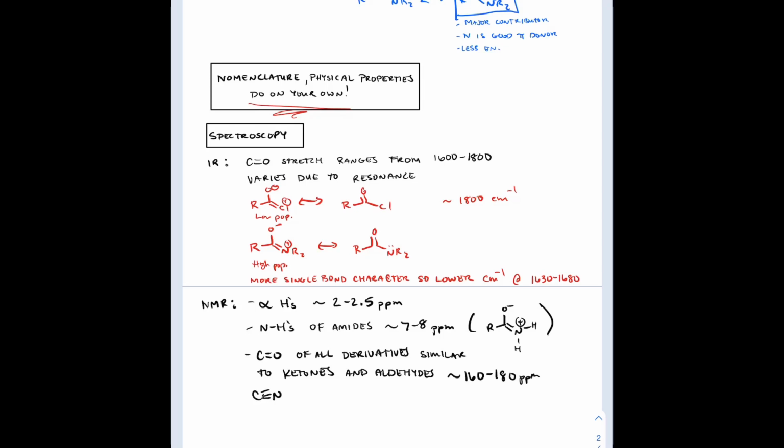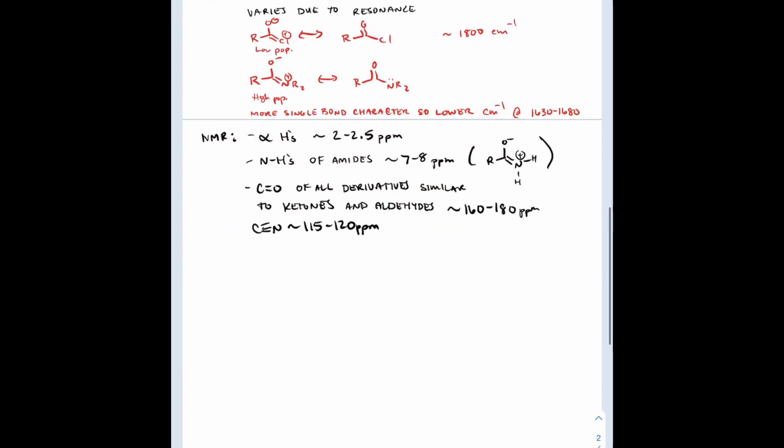The CO is pretty much the same as ketones and aldehydes, so we got 160 to 180 in the carbon NMR, and then CN is 115 to 120.